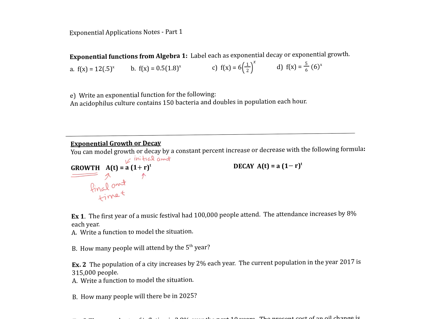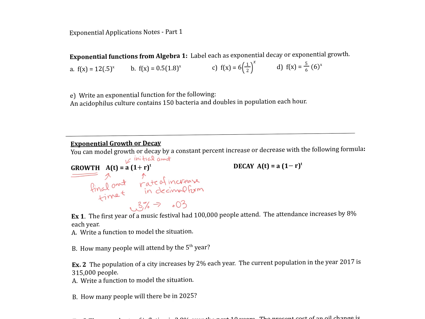So it's 1 plus our rate of increase in decimal form. For example, if it's increasing by 3%, I'm going to think of that as, go over 2 places, 0.03 when I use it in my equation.